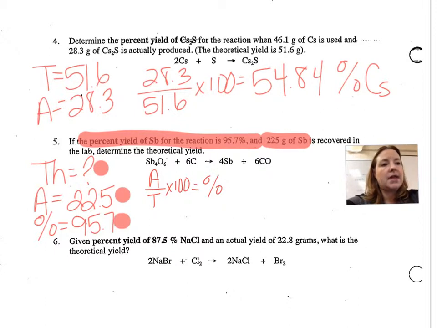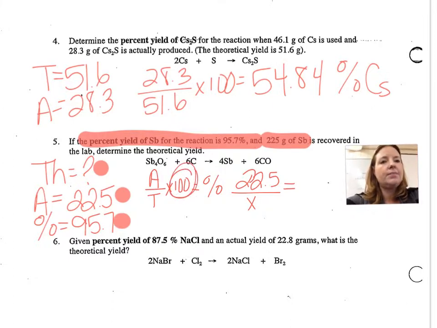So I'm going to take 22.5 over my theoretical, which I don't know, so I'm going to make that my x, and that's going to be equal to 95.7%, but because of this 100% right here, I'm going to move that decimal place back in front. So this is once we've multiplied it by 100. So I'm going to just do that extra step already.